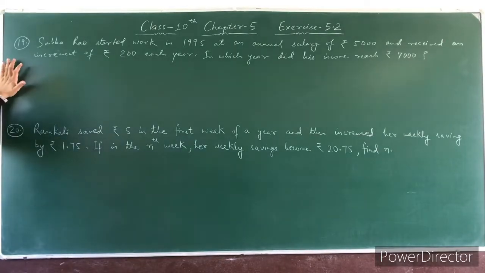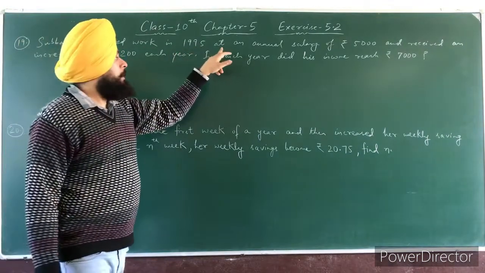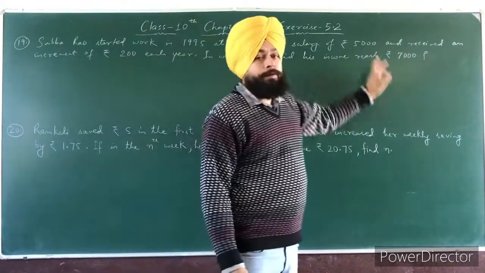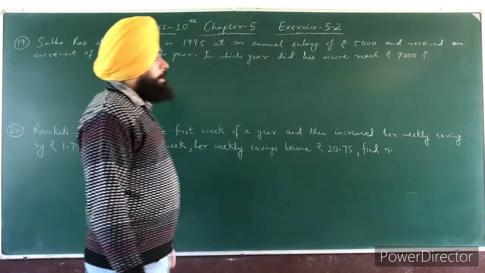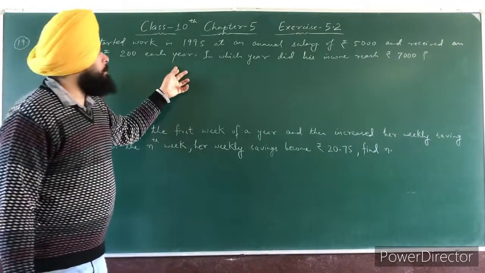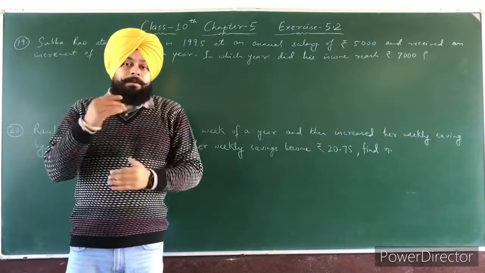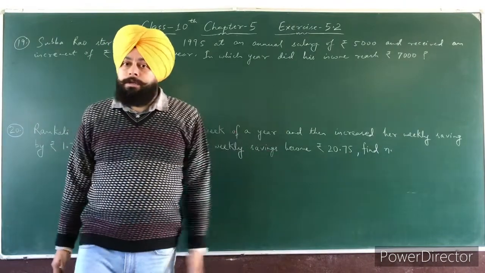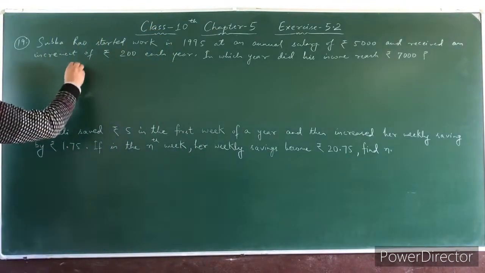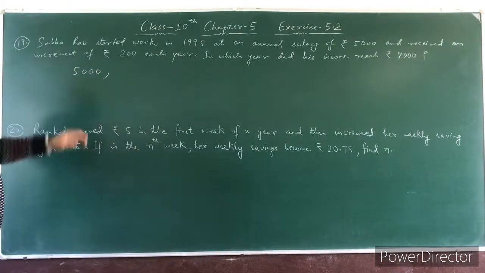Next, see question number 19. Subha Rao started work in 1995 at an annual salary of rupees 5,000 and received an increment of rupees 200 each year. So increment means his salary increases by 200 rupees every year, okay. So at the first year his salary was how much?